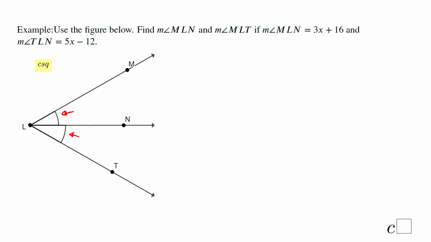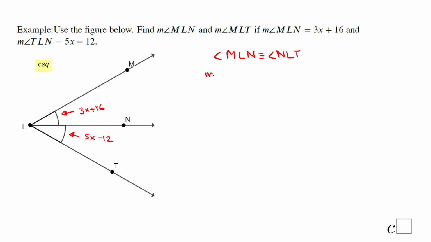So in other words, LN is an angle bisector if the measure of angle MLN is 3x plus 16 and the measure of angle TLN, this one, is 5x minus 12. So right away we can write, I'm going to be a good geometry teacher, the angle MLN congruent with angle NLT.